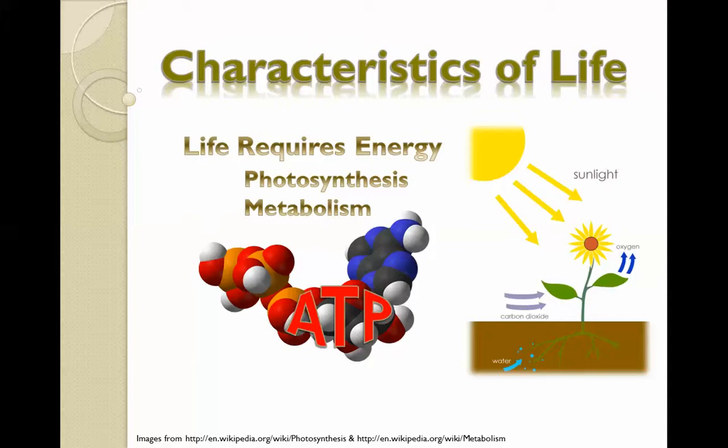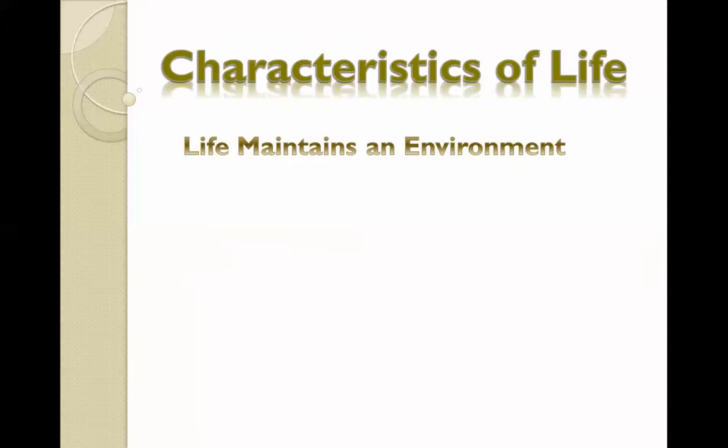The process of you using a food source to make ATP is called metabolism. The process of a plant using sun energy to make biological molecules that you can later eat is called photosynthesis. And in order to maintain organization, life requires energy input.